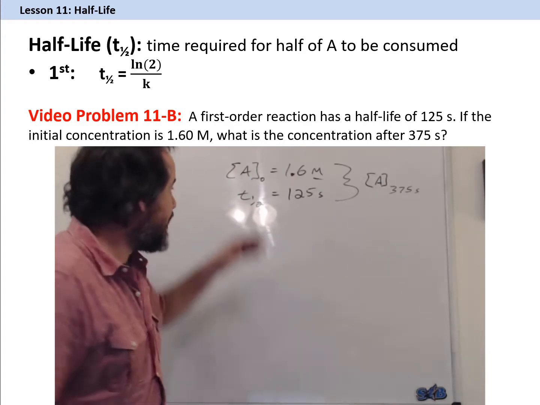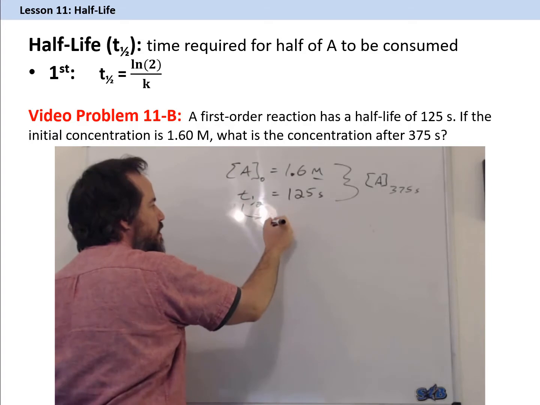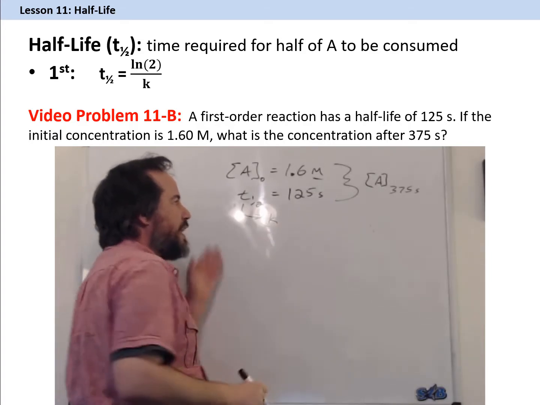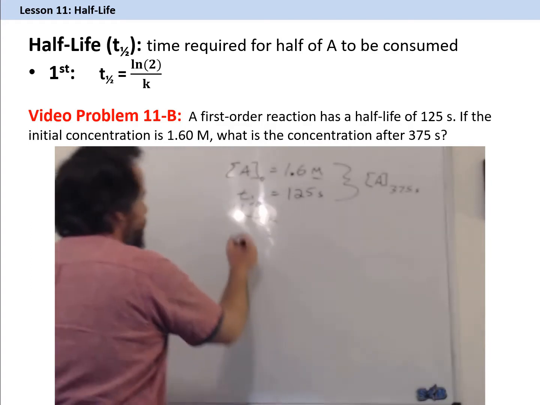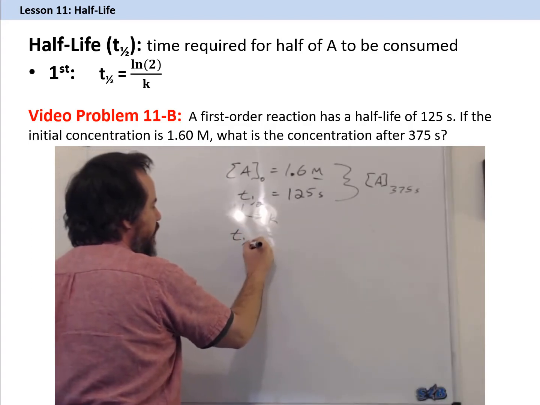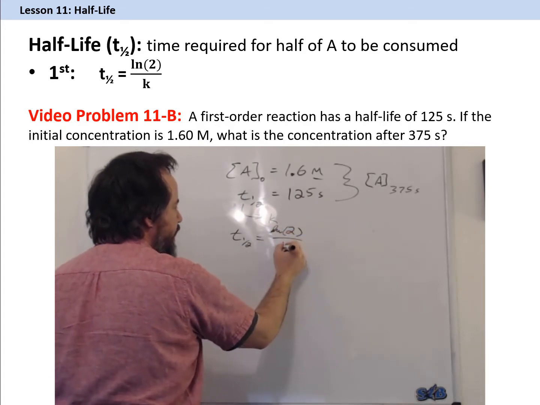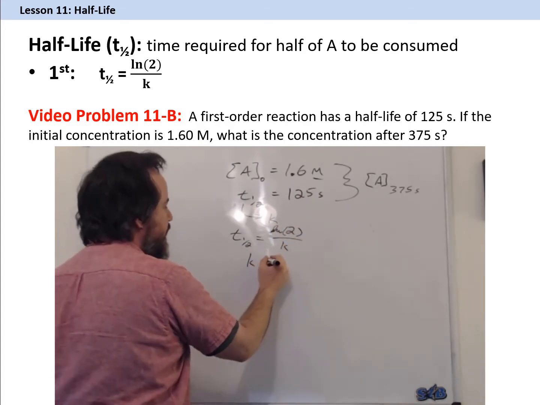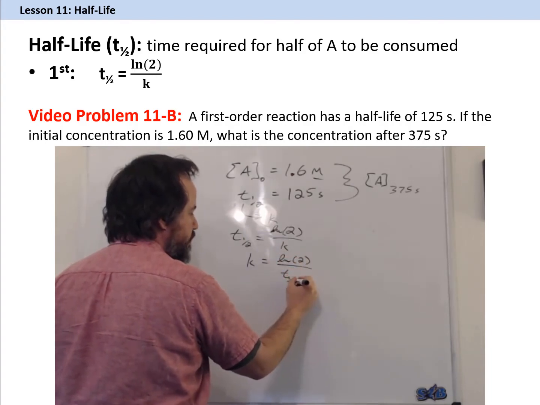All right, so how am I going to do this? Well, I'm going to first use this to find k. And once I find k, I can find the concentration. So if half-life equals ln2 over k, then k equals ln2 over half-life.